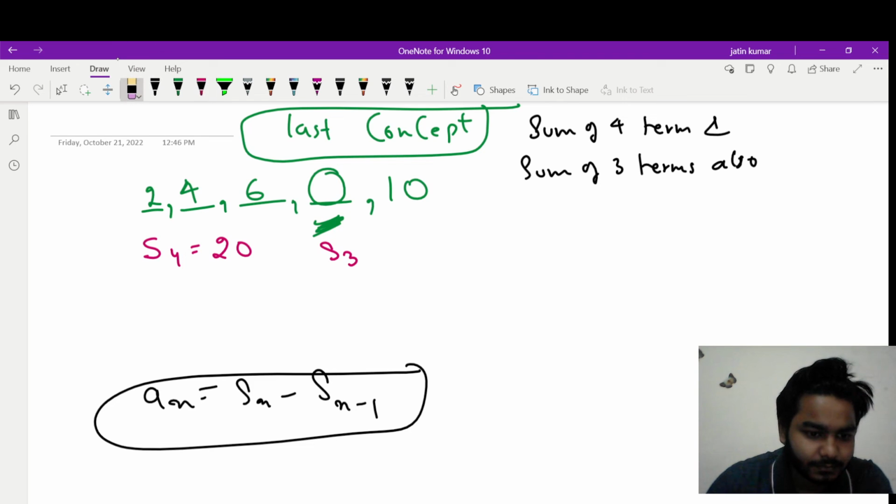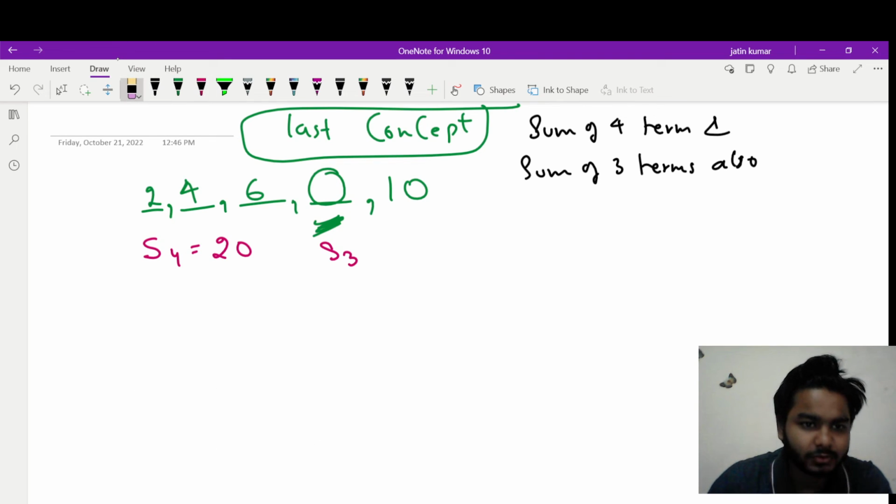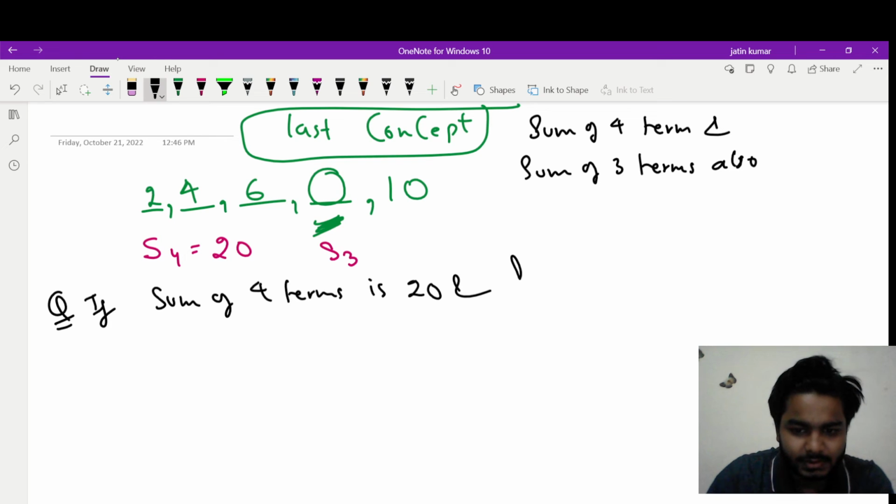Okay, now let's frame a question. If the sum of 4 terms is 20 and the sum of 3 terms is known, then find the fourth term.